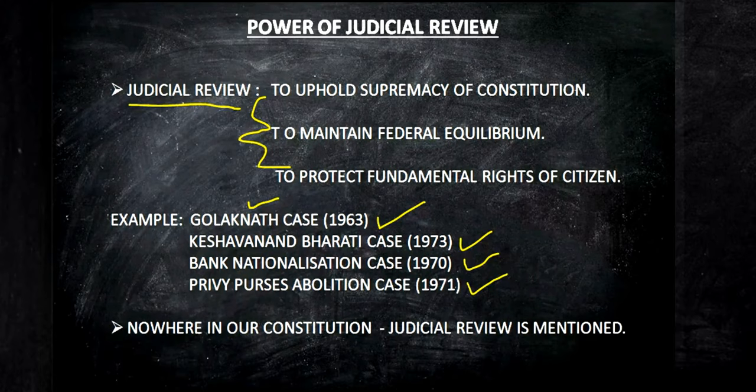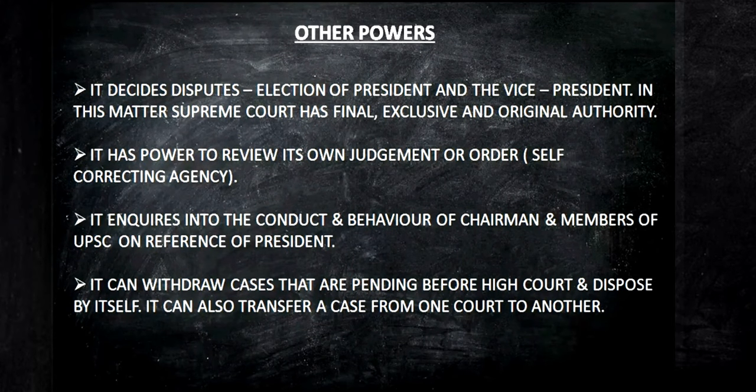Now let's move on to the next one. There are some other powers of the Supreme Court which are mentioned in different parts of our constitution. Those powers are that the Supreme Court has the power to decide the disputes regarding the election of our president and the vice president.